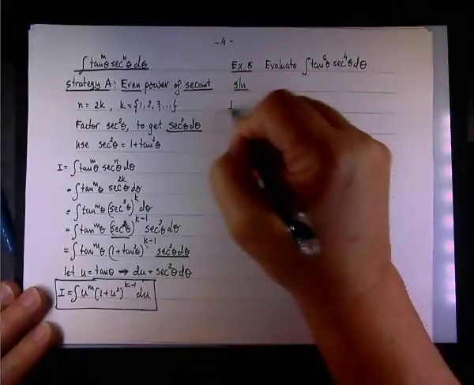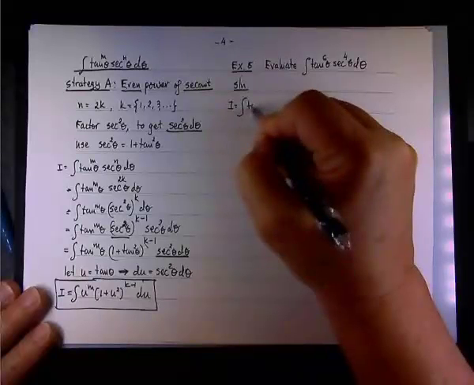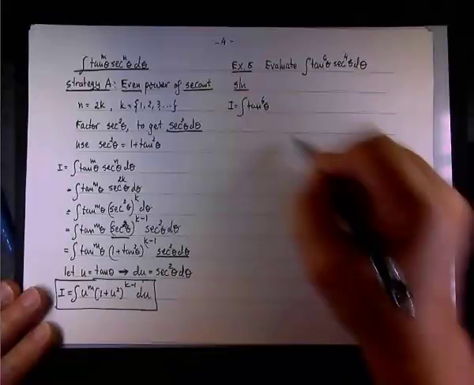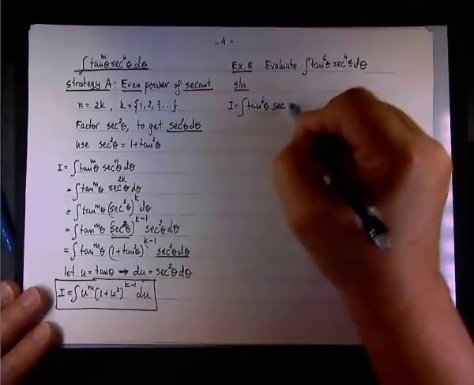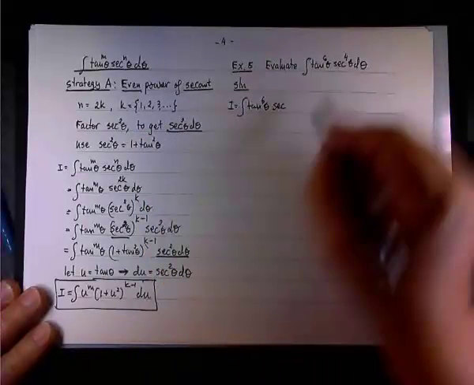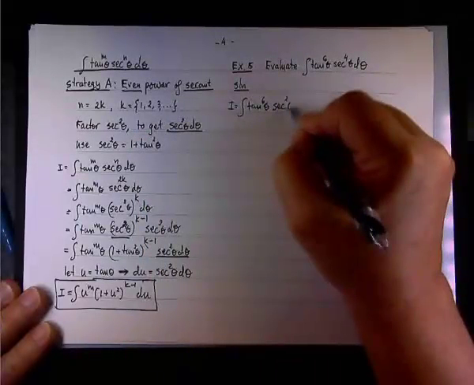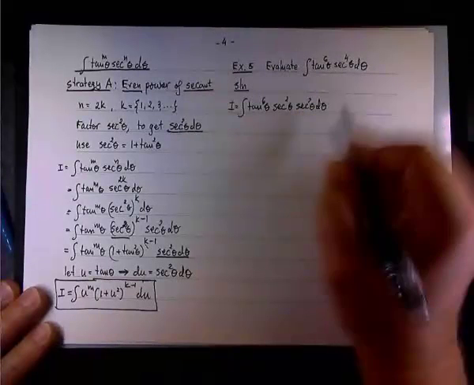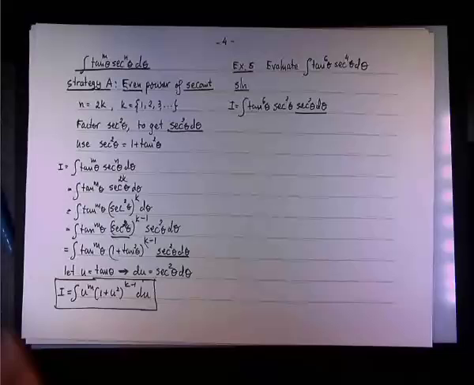So I'm going to say that my integral, I, is, I'll keep the tangent theta to the 6th power, and then I say secant to the 4th because it's even. Remember, I can do it if I have even powers. I'll write secant to the 4th as secant squared times secant squared. And I'll save a lot of time. Okay, so here it is.